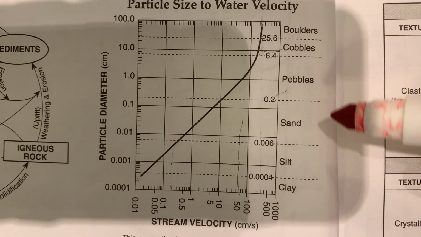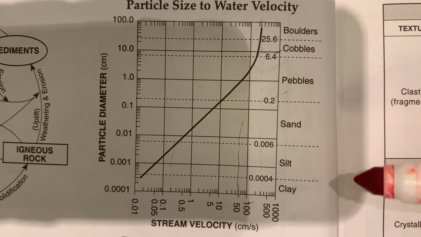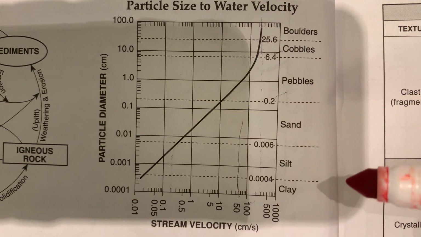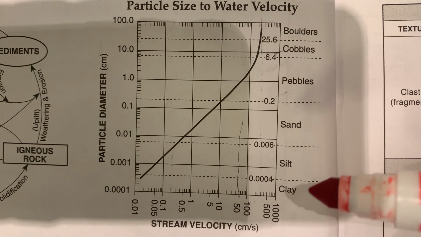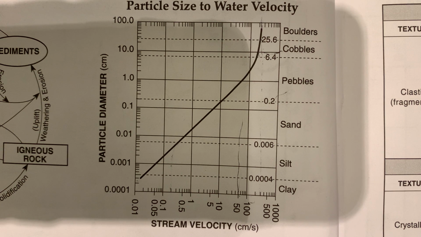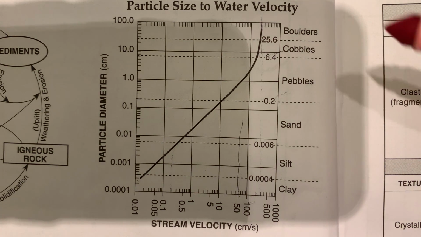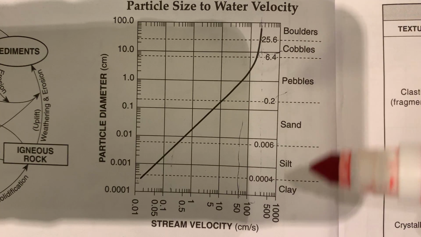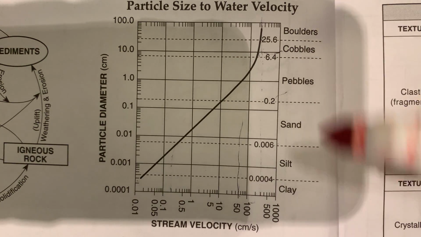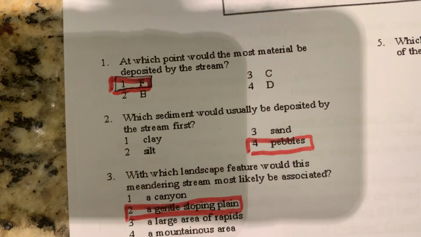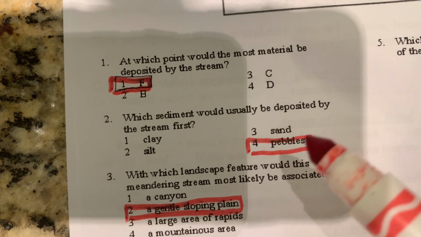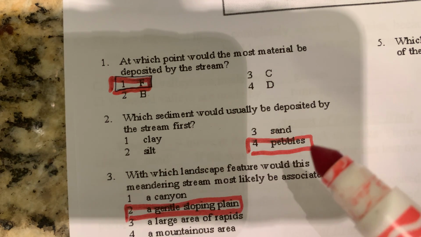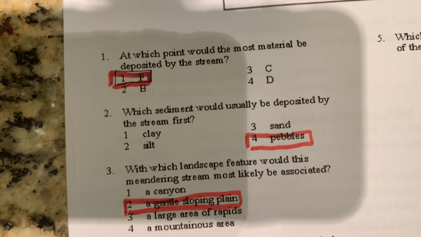This gives you the sizes of all the sediments. And another piece of information you would need to know is that the heaviest, largest, most densest, and roundest sediments are the ones that tend to deposit first. So this question's talking about size, and here size also relates to their heaviness. So out of these choices, the heaviest one that will be deposited first is pebbles.